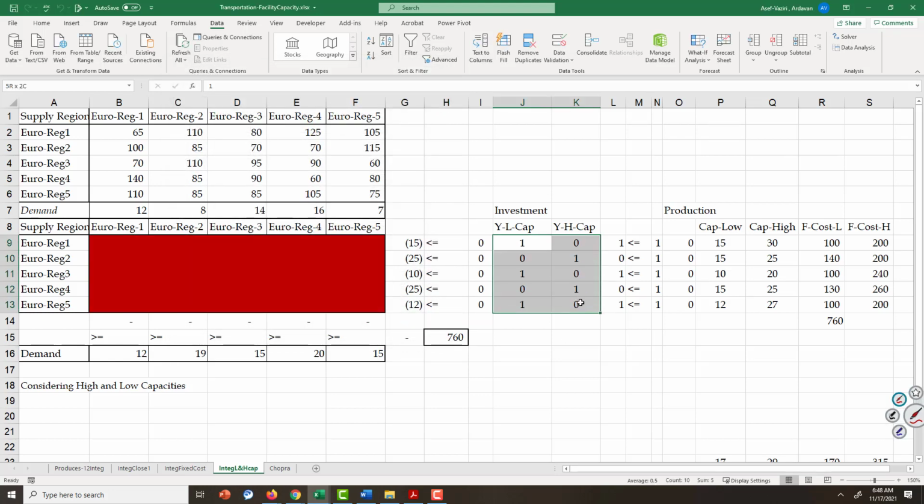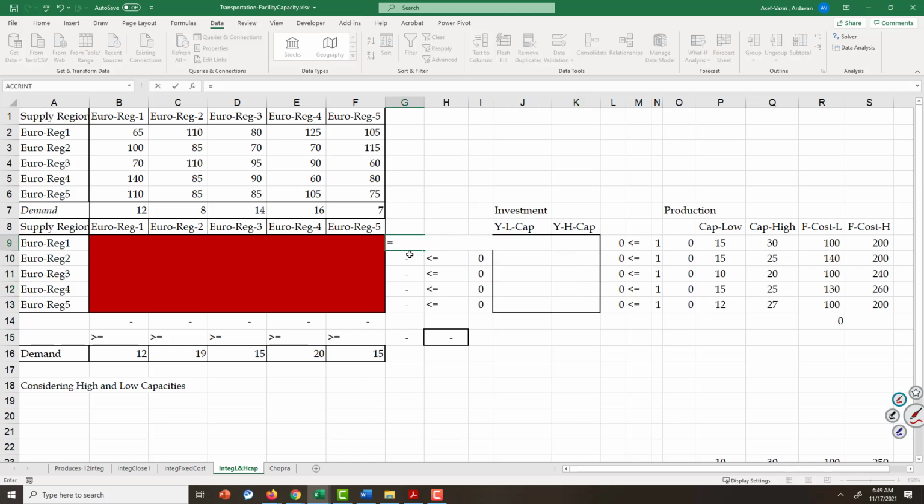Close. Let me change these y variables to all 0. And then let's come here, equal to summation of these minus y low 1 multiplied by its capacity minus y high 1 multiplied by its capacity.